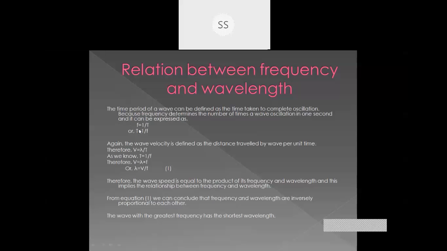That means they are inversely proportional to each other. When frequency increases, time period decreases. When time period increases, frequency decreases. What is the relationship between time period and frequency? They are inversely proportional to each other.